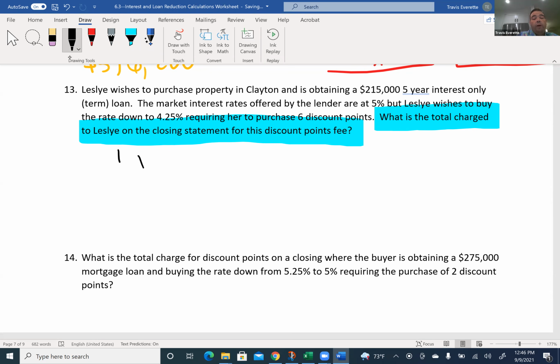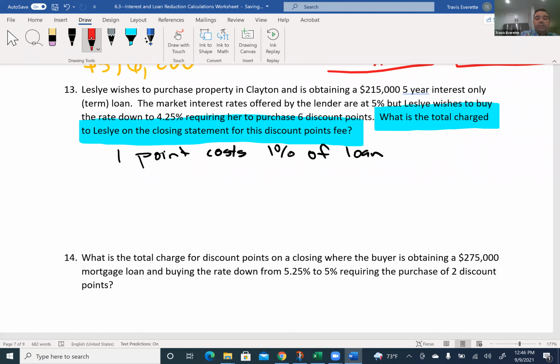So we know that 1 point costs 1% of the loan. Now here, they talk about the fact that we're purchasing 6 discount points. So 6 points is going to cost 6% of the loan. We know that right now. So let's talk about this.